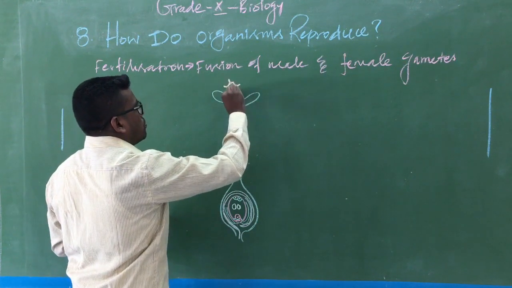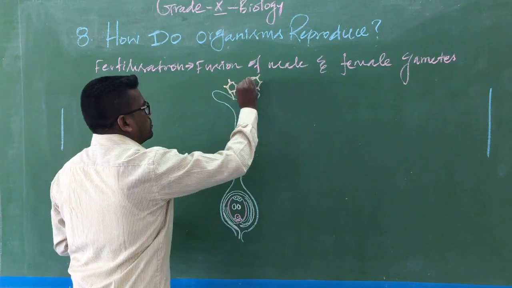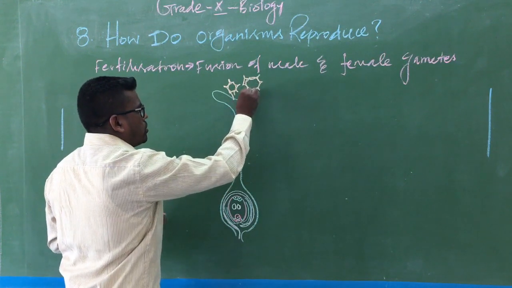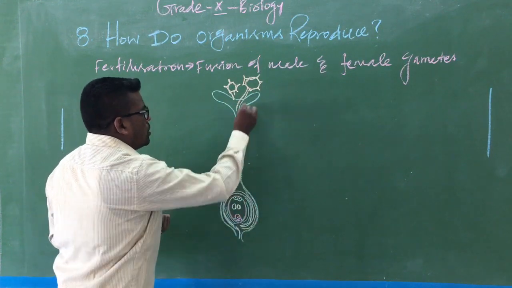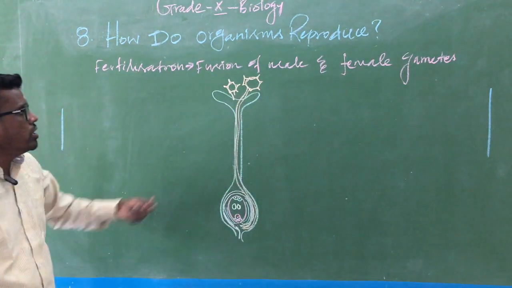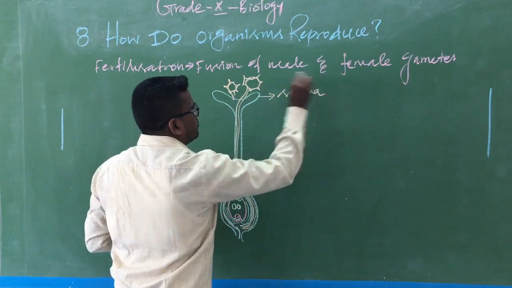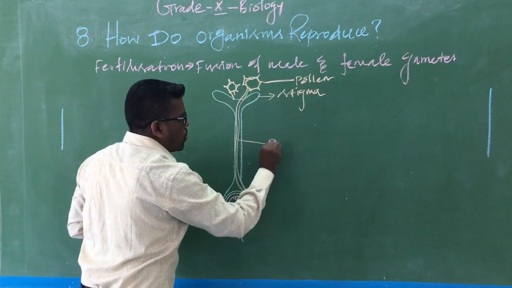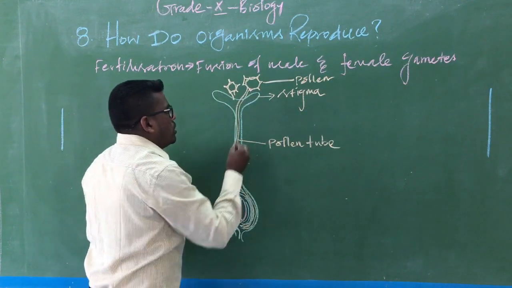This is the pollen grain. The outer surface of the pollen grain is very rough and tough, so that it easily attaches to the stigma. This is the stigma, pollen grain, pollen tube, then nucleus.